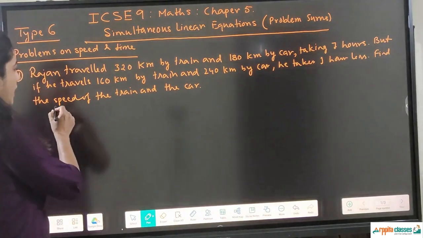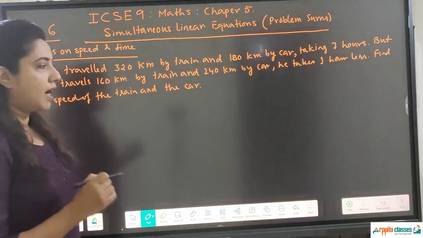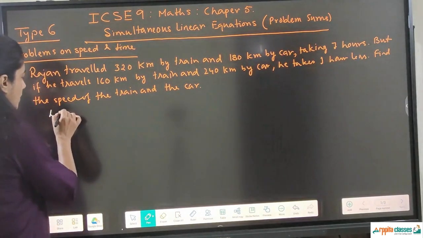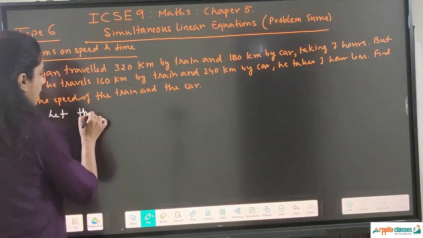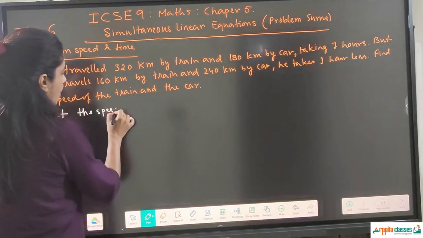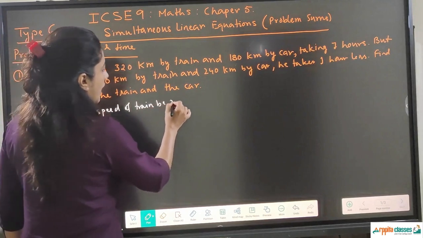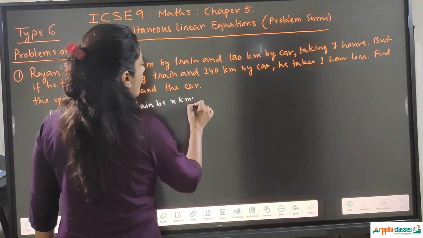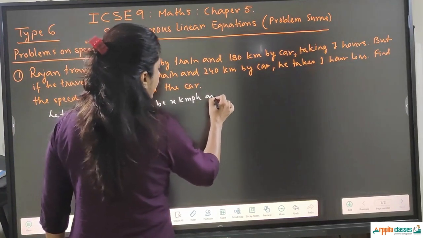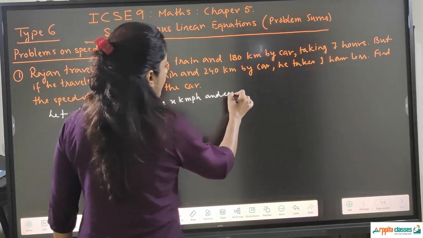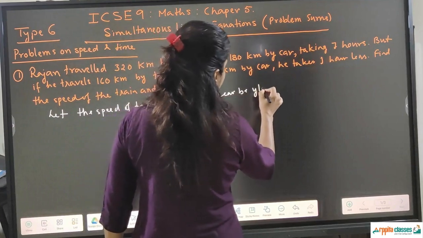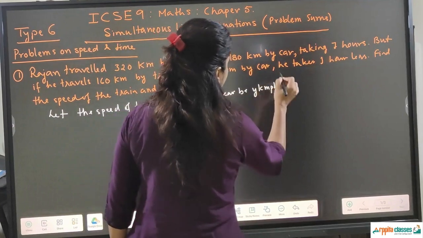So first of all, what they are asking: find the speed of the train and car. We'll consider that only. So let us write down, let the speed of the train be x km per hour and the car be y km per hour.